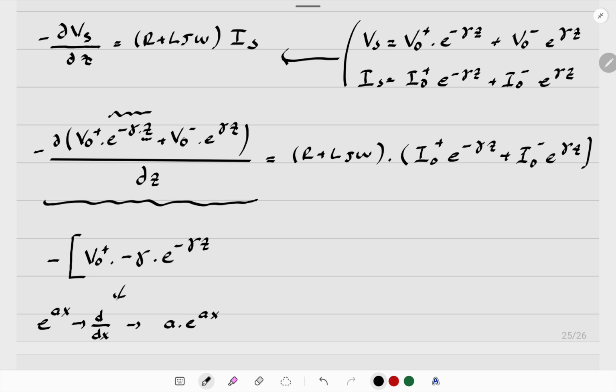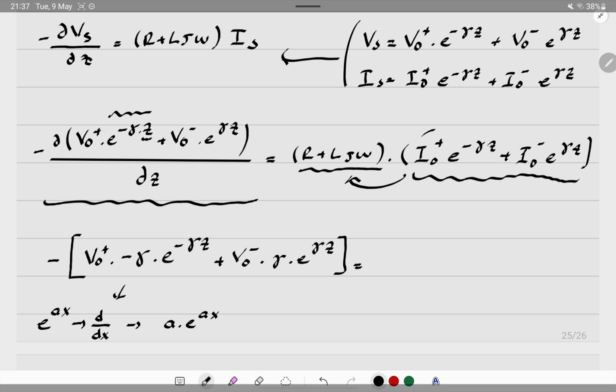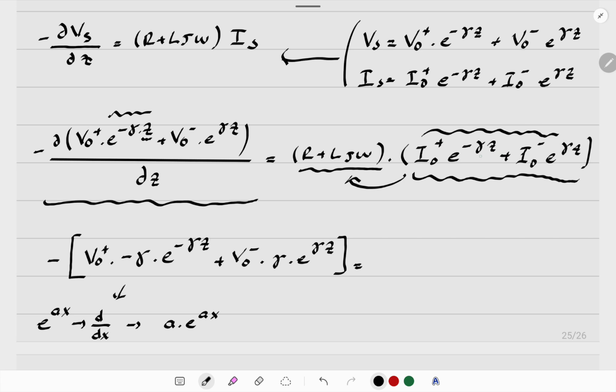Completely the same approach as this one. And for the right one, we also have the same approach. Right, great. For the right side, we can distribute this information over this general expression. Let's not split one by one, but only go for this one.